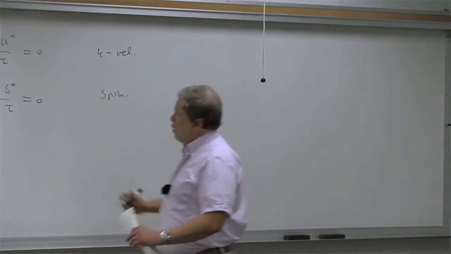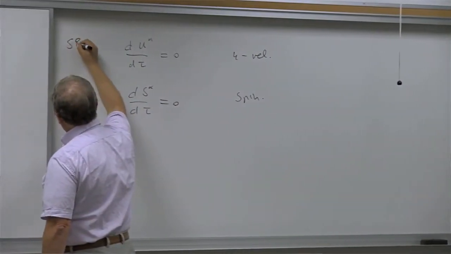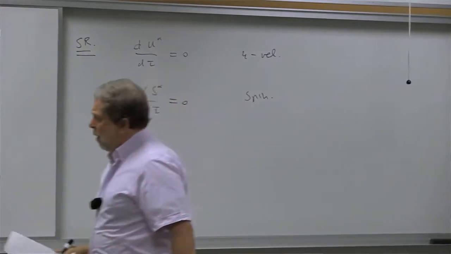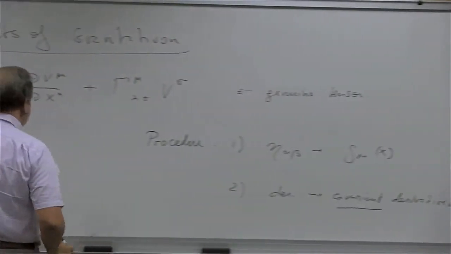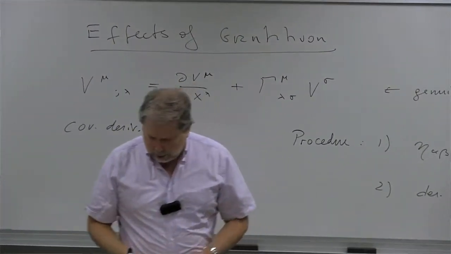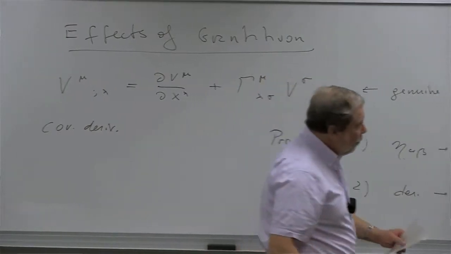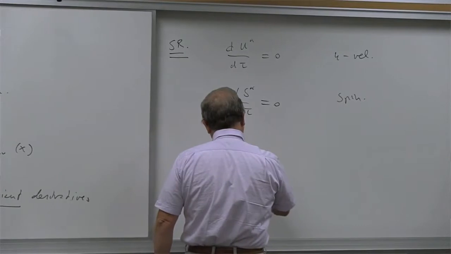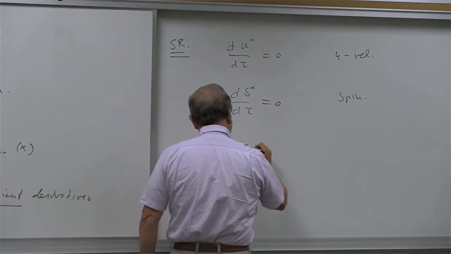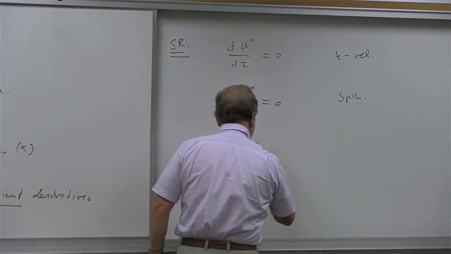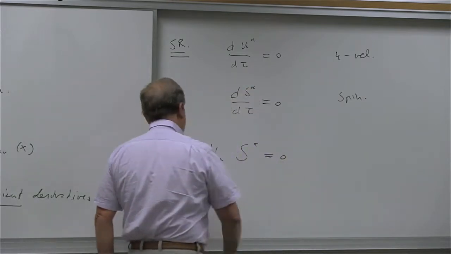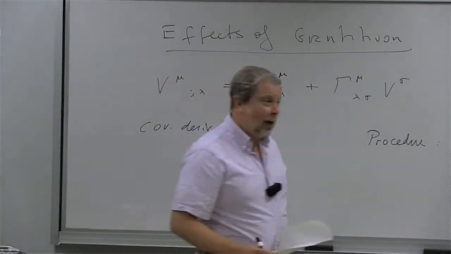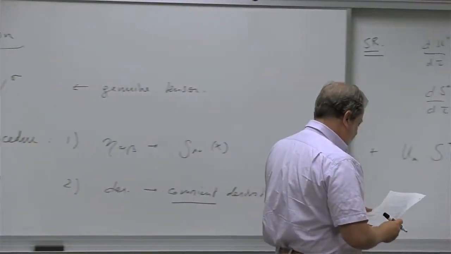These are the special relativity equations, and it's easy to see how we promote those. But the first thing, of course, is that because we have derivatives, we need to use the correct definition. In this case, we also have a constraint, which is u alpha s alpha equal to 0. You can always enforce the orthogonality of the spin vector to the forward velocity vector.